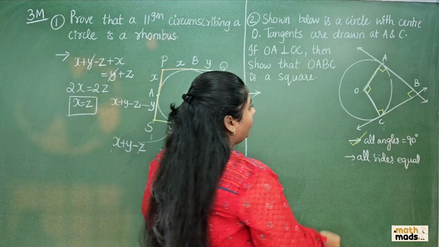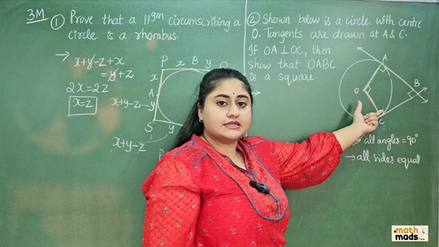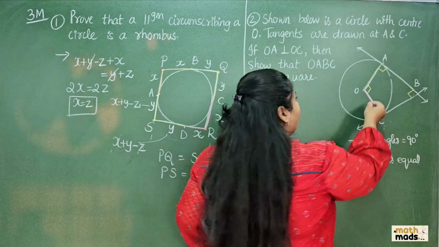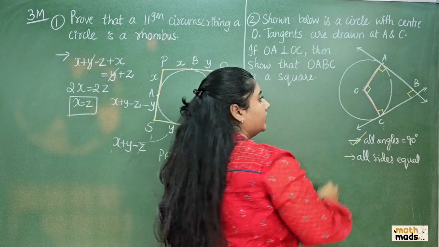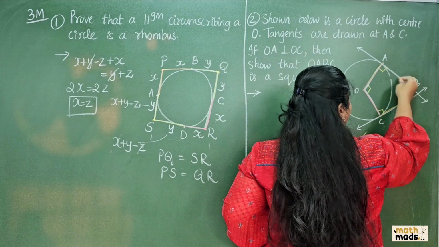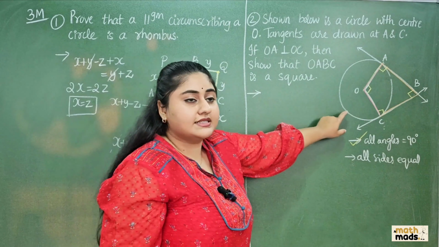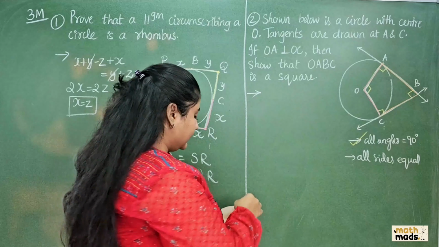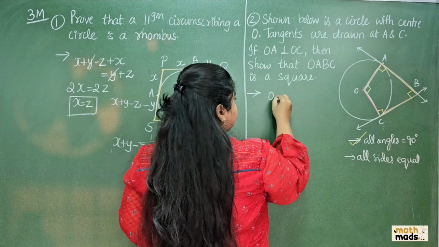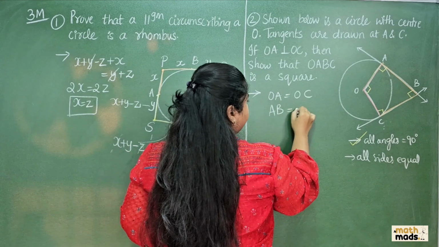Now you observe, if all angles are equal, I can also call this a rectangle, right? So OC is equal to OA because they are radii. Also CB is equal to AB because they are tangents from the external point. Now since this is a parallelogram or rectangle, I know OA is equal to OC and AB is equal to BC.